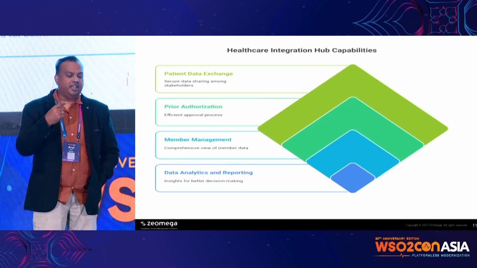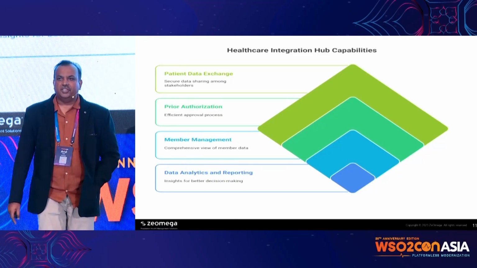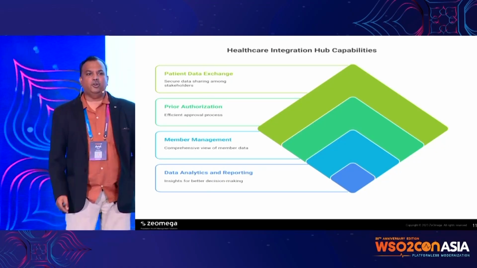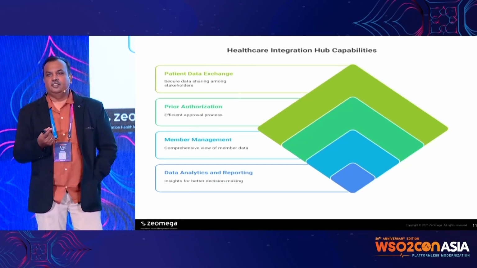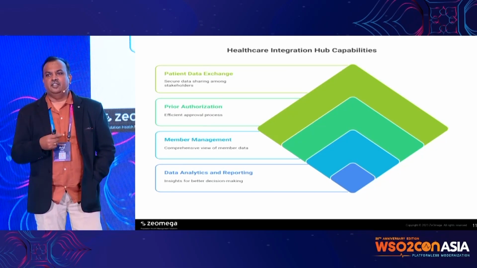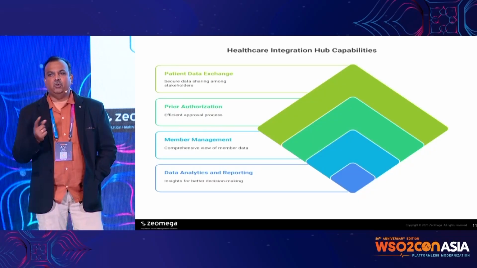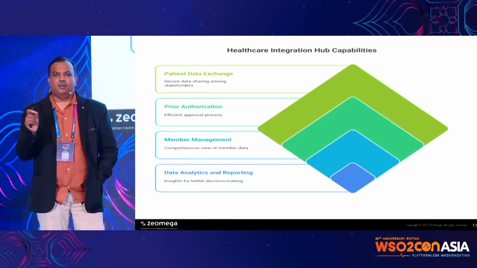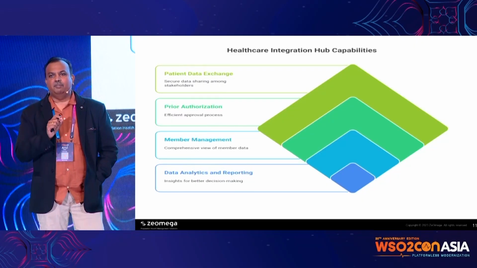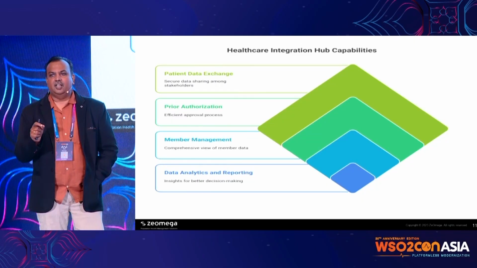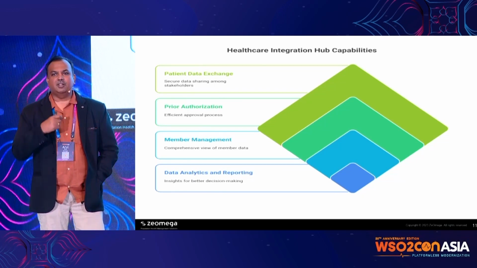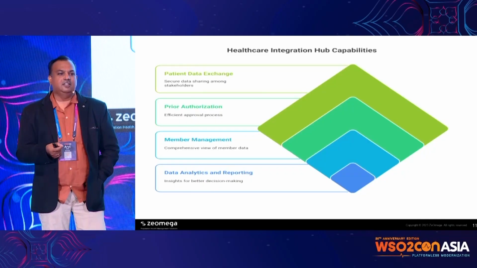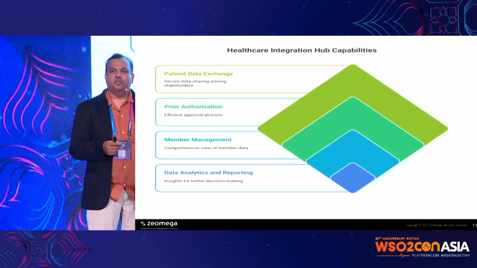Another important point is authorization, right? What happens in the US healthcare industry is that before you start the treatment with your physicians, it depends on what health plan you have and what kind of treatment it is. By default, in a health plan, some medically necessary treatments are covered without any approval. For some complex treatments, the physicians or doctors need to get prior approval from your health plan.